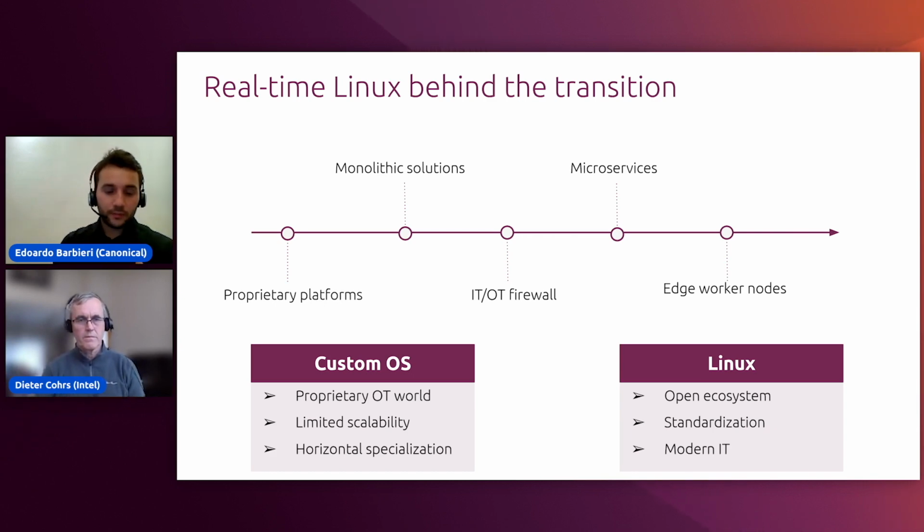So this same transition and the adoption of Linux with real time is occurring in process industries as well, from refineries to drilling. So overall, we're seeing industrial edge servers, industrial PCs, PLCs, robots, and drones, all with real-time requirements and supporting capabilities.